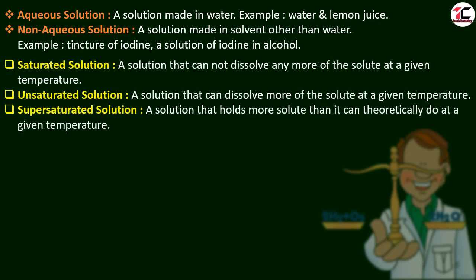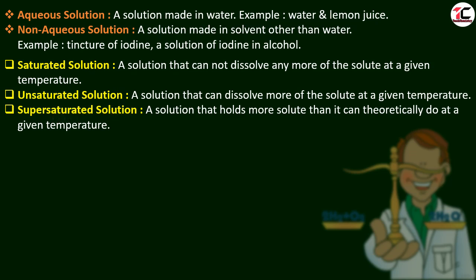Saturated solution, a solution that cannot dissolve any more of the solid at a given temperature is called saturated solution. We can make the saturated solution unsaturated, we will see later on. Unsaturated solution, a solution that can dissolve more of the solid at a given temperature is called unsaturated solution.